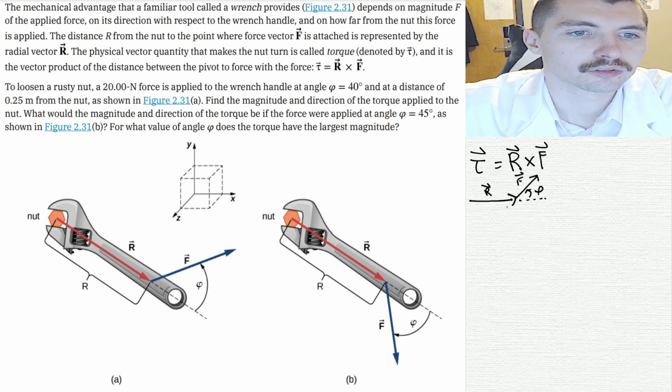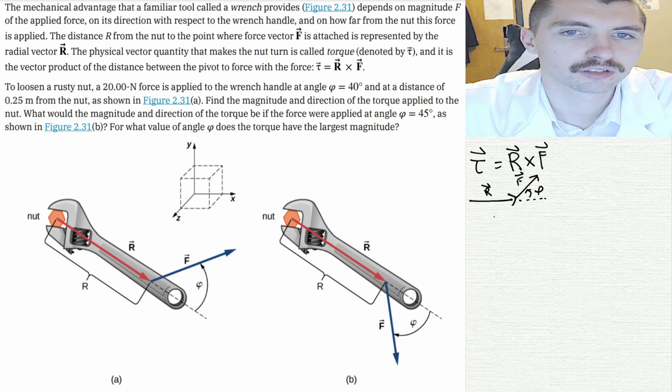So, to loosen a rusty nail, a 20 Newton force is applied at 40 degrees, 25 meters.